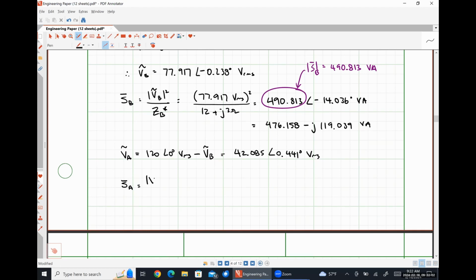From here, SA is just the magnitude of VA squared over VA conjugate. So that's going to look like 42.085 volts RMS quantity squared over 10 minus J8 ohms.